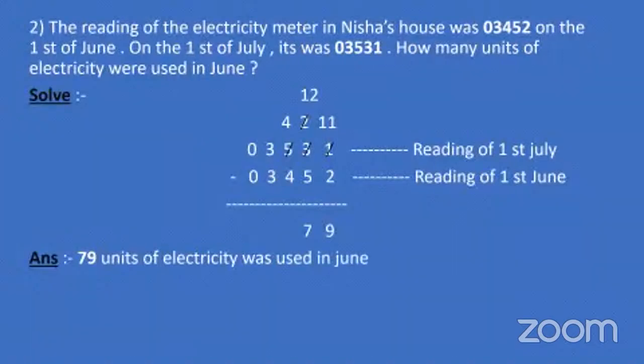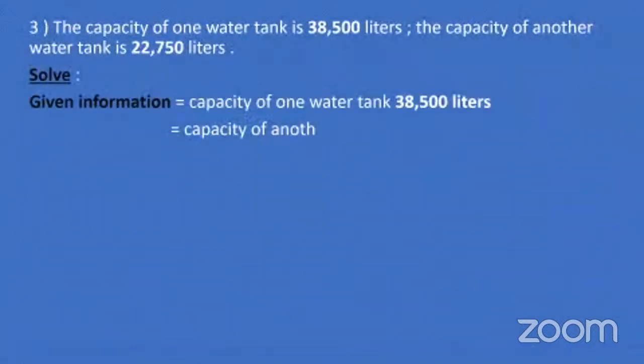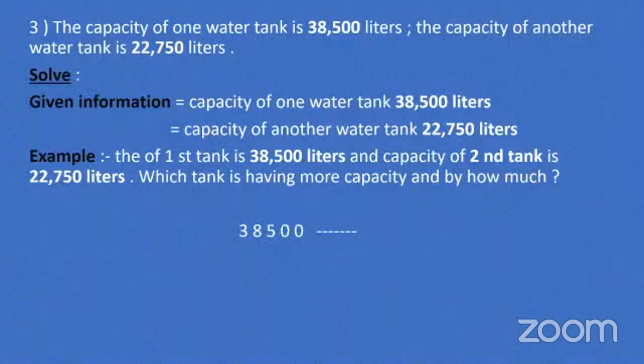Okay. Now some more examples regarding the information which is given, and we have to form the examples. See, here some information is given, and we have to make the problems of subtraction. See, what is the information given?